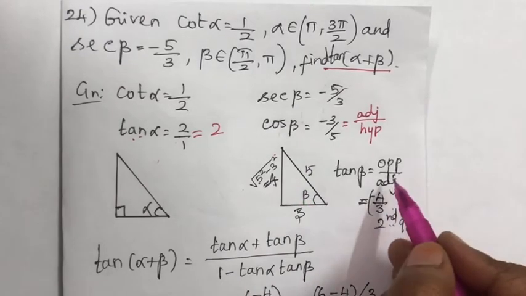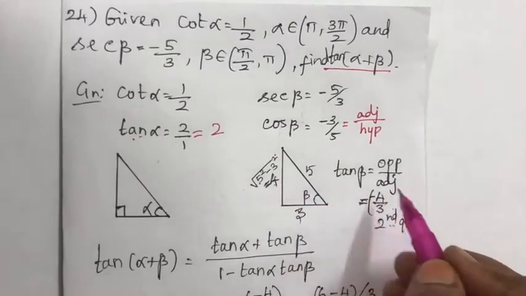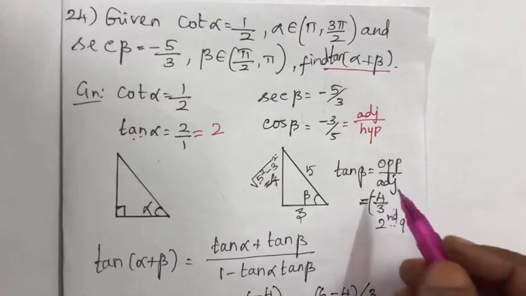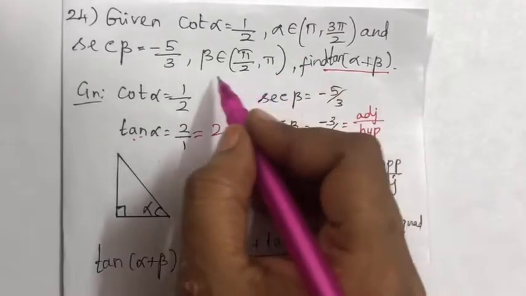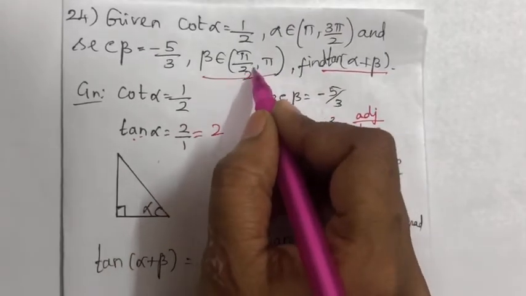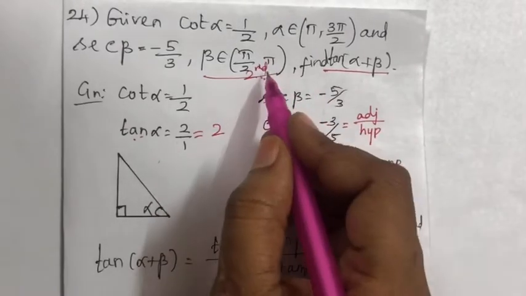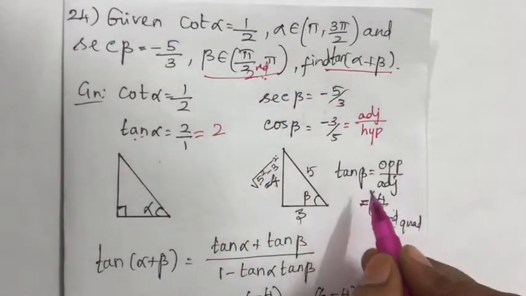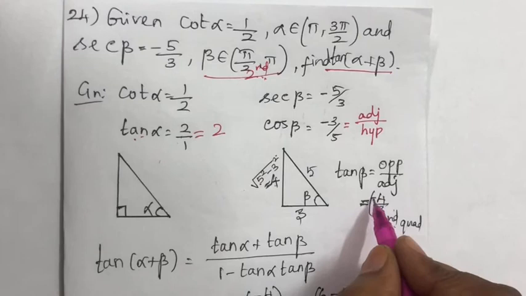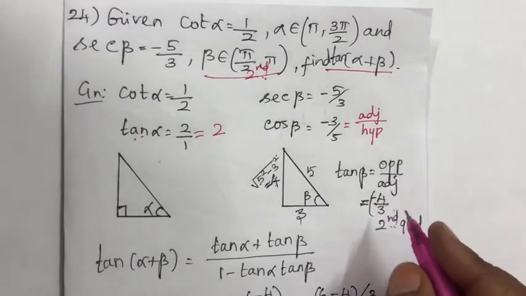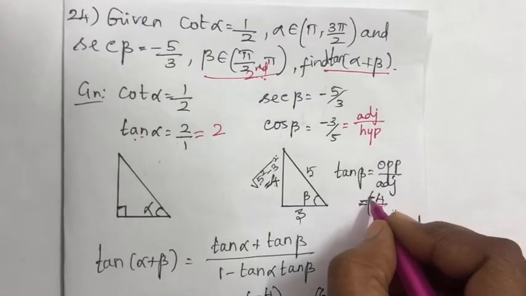So, opposite by adjacent. Opposite is 4 and adjacent is 3. Here, beta lies in the second quadrant. So, in the second quadrant, tan is negative. So, it is minus 4 by 3.